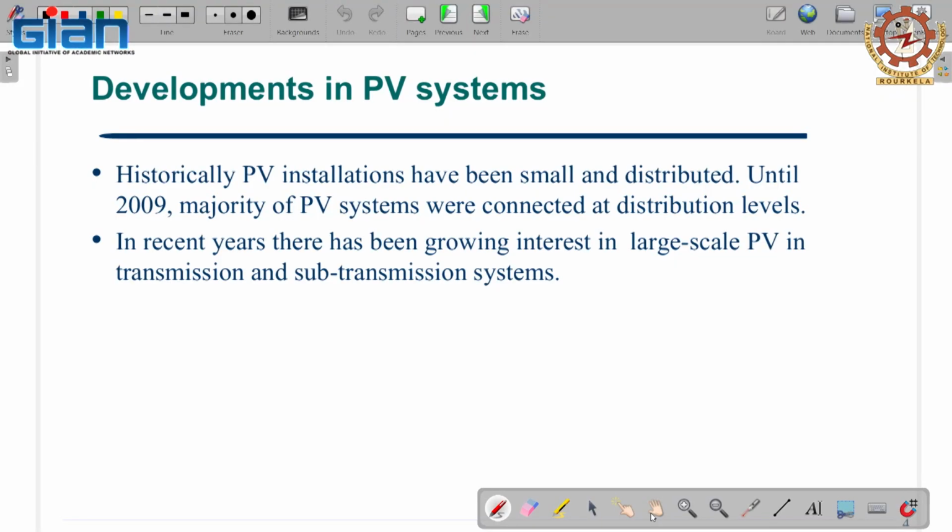In recent years, because of the drop in cost, we have started talking about large photovoltaic systems. If the power rating of the PV system is significantly higher, then obviously we will be connecting them at a higher voltage level depending upon the size, as PV system integration in the subtransmission or transmission system.